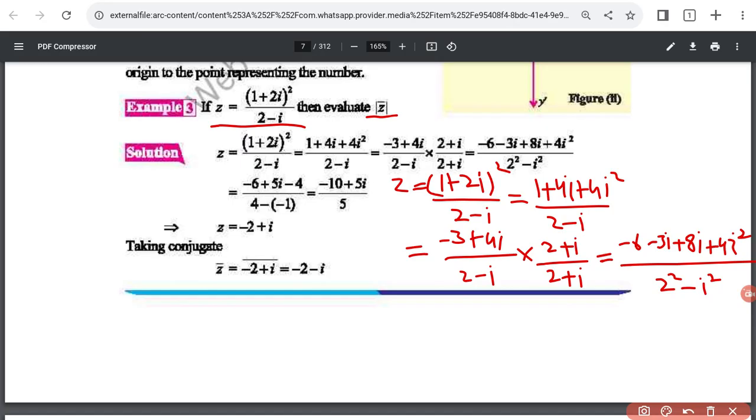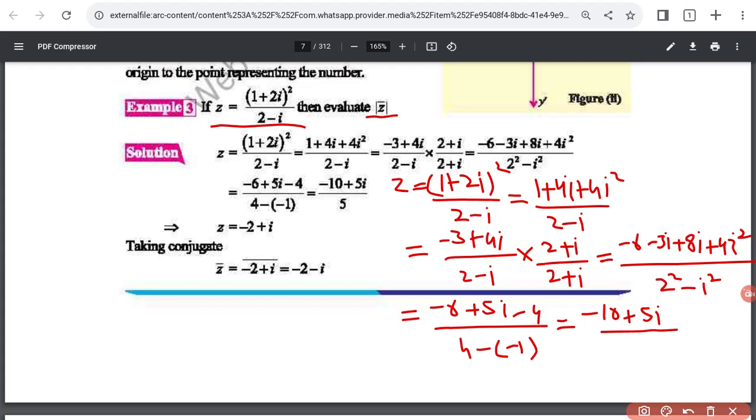So then when we simplify it, it will become minus 6 plus 5 iota minus 4 over 4 minus into minus 1. Then we further simplify it, it will become minus 10 plus 5 iota over 5.